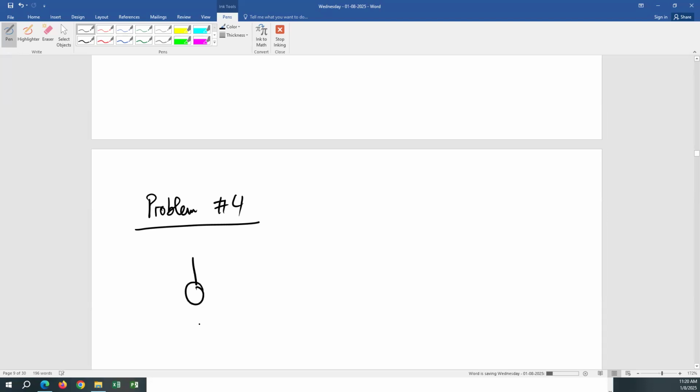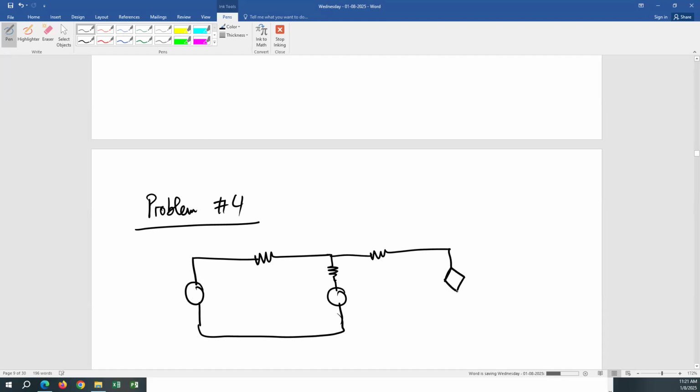So let's say we have V1 10 volt, V2 5 volt, and let's call this V3, dependent source is V3.